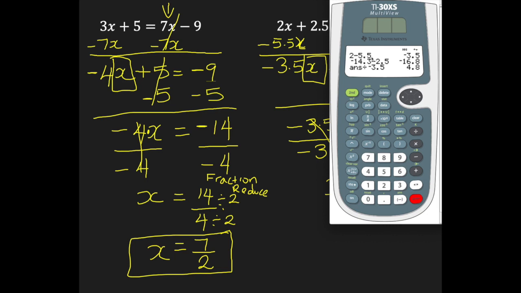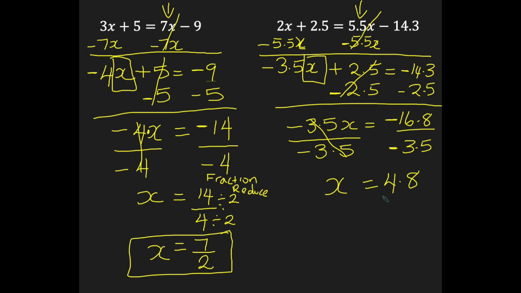I did 2 minus 5.5, which gives me the negative 3.5. On the right hand side, I did a negative 14.3, take away 2.5, which gave me the negative 16.8. And then my final step was just to hit the divide button and divide by negative 3.5. And I got my answer of 4.8. And that's your answer.